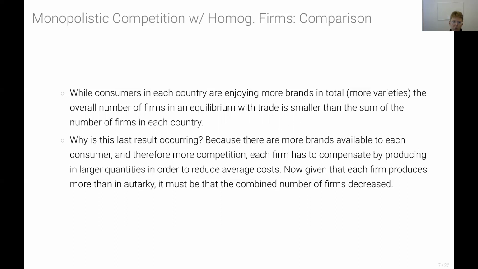Since each firm produces more than in autarky, the number of firms must have decreased. Note that if the quantity produced is Q equal to S over N, and Q is increasing, then N must be increasing less than proportionally to what S is.